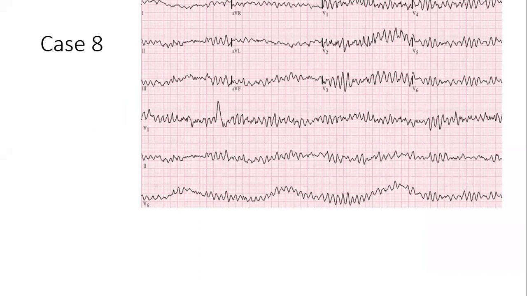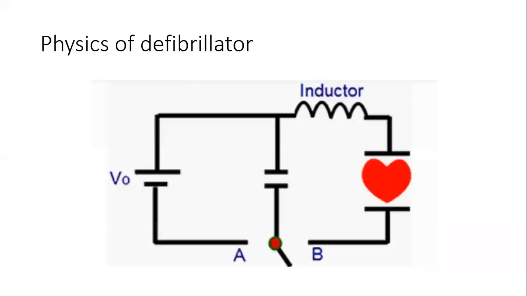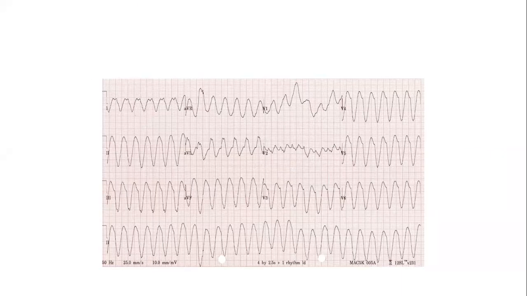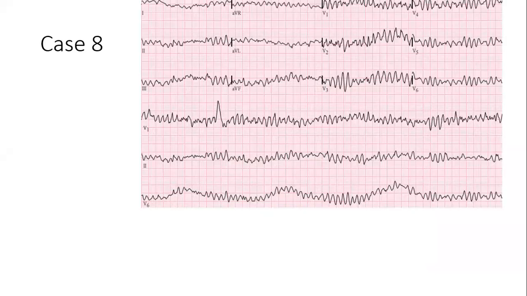So what is the difference in the management of these two? This one, you do synchronized cardioversion. This one, what do you do? What's the management here? You defibrillate, Doc. Okay, perfect. You defibrillate.